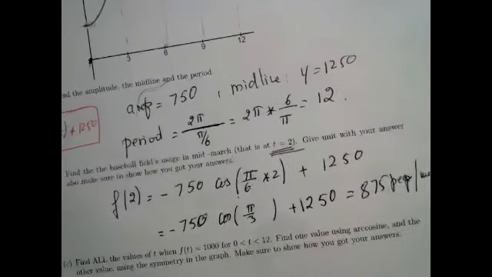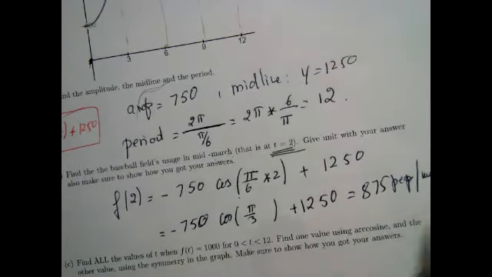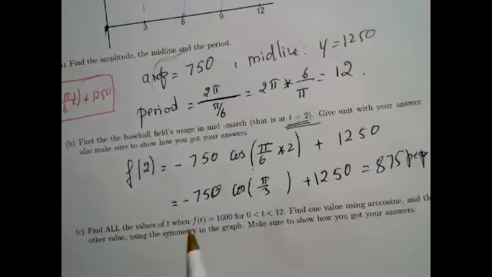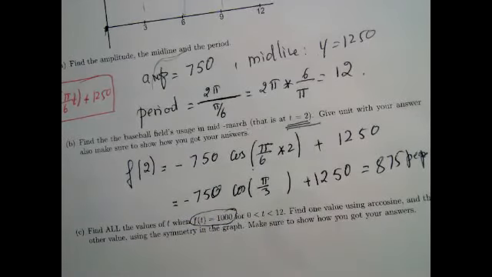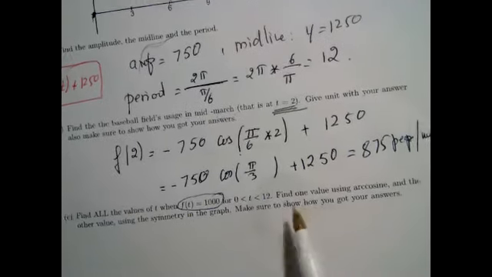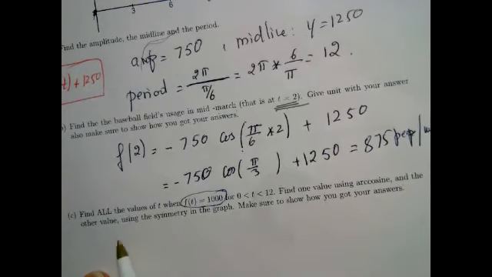Now part 2 is to find all the values of t when f of t equals 1000. It means when will we have 1000 people per week, for which value of t? Here I'm telling you to find one value using the arc cosine and the other value using the symmetry in the graph, and make sure you show your answers.